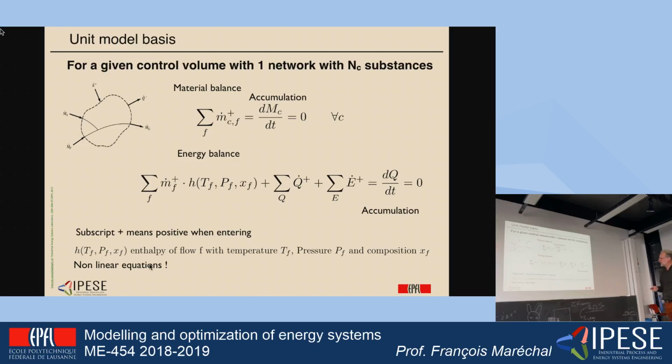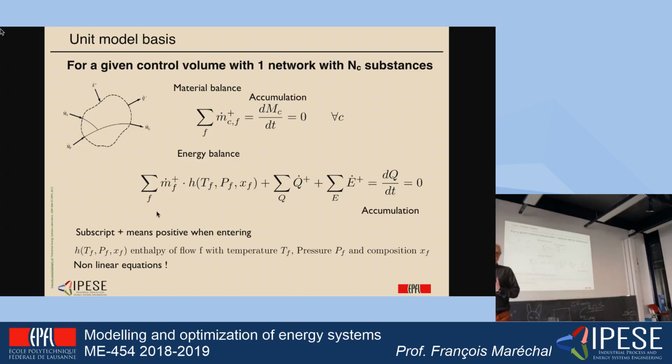That this enthalpy is linear is when you can assume that the Cp, the specific heat, is a constant with respect to temperature, which is not always the case. But in addition, you can see that even if this equation is linear, this is going to introduce a bilinear term. It means that the equation will be nonlinear. Okay?